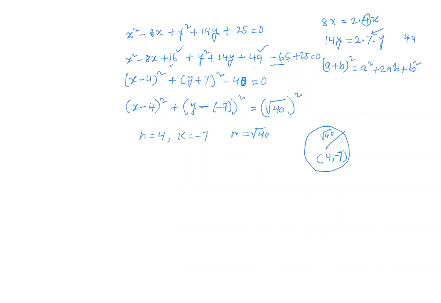Yeah. Okay. The last topic for the semester is this. So my equation is going to be ax squared plus bxy plus cy squared plus dx plus ey plus f is equal to 0.